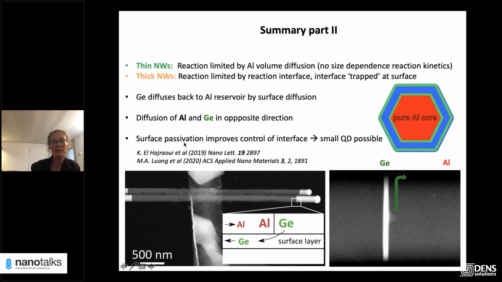Then finally, surface passivation improves the control of the interface, allowing you to deterministically fabricate small quantum dots or quantum disks. So if you're interested, here are the 2 publications we did about the system.